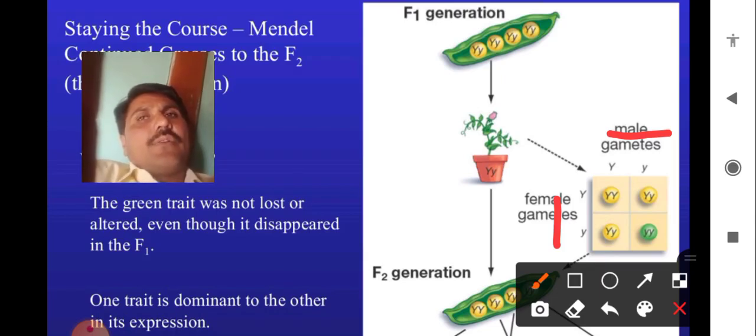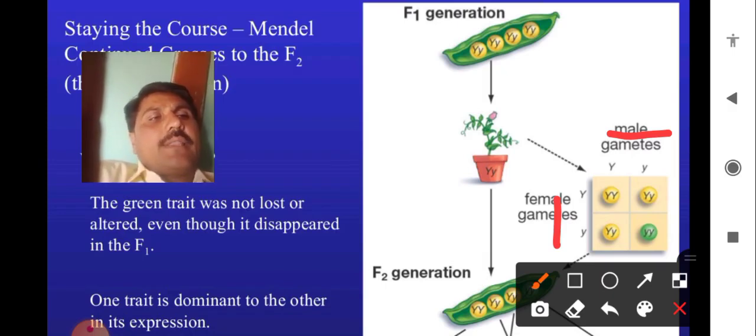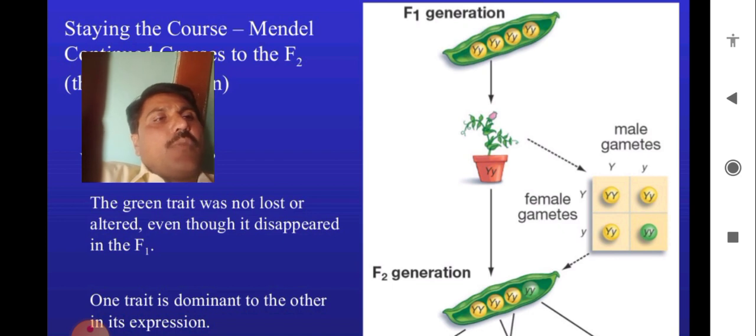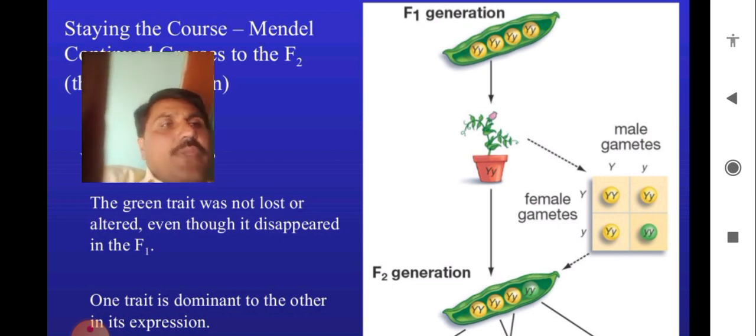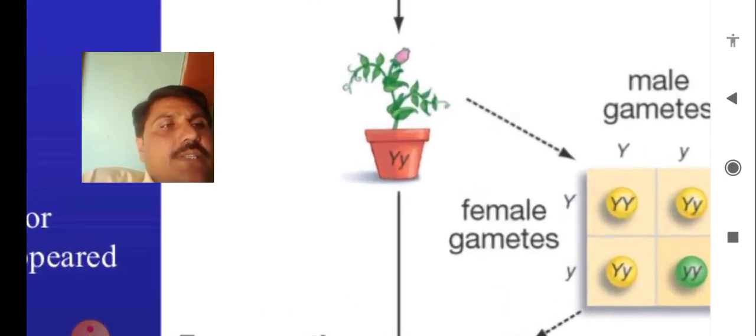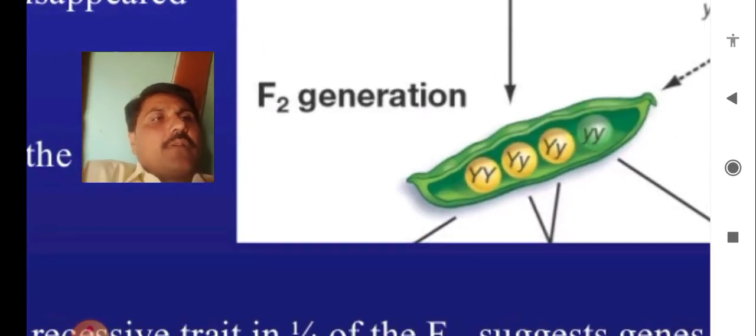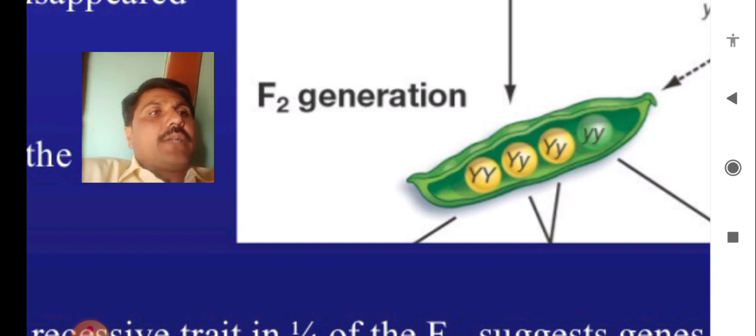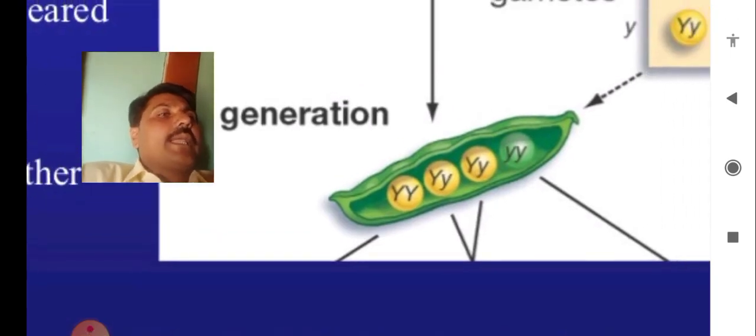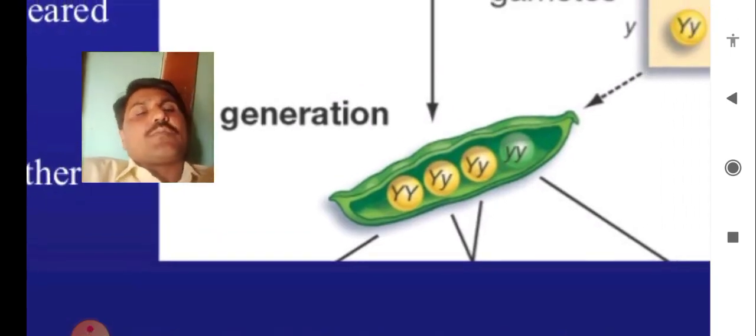Look here, we see 3 yellow and 1 green, that is 3 to 1. But what about the genotype? In genotype, one seed is shown with capital Y, both letters capital Y, and 2 seeds are shown with capital Y and small y, but phenotypically they are yellow in color, and one green one, the pure one, is shown with small y.